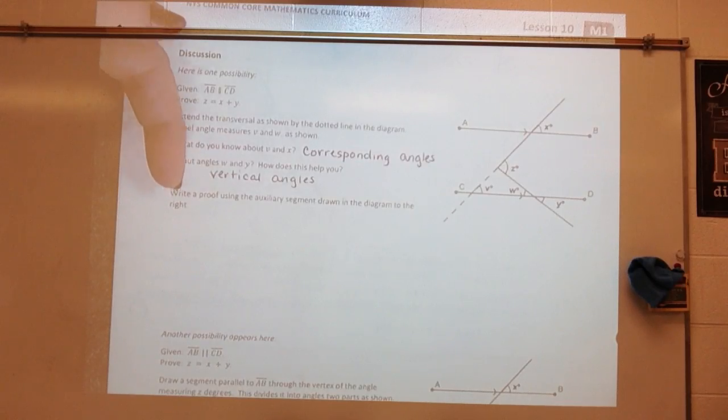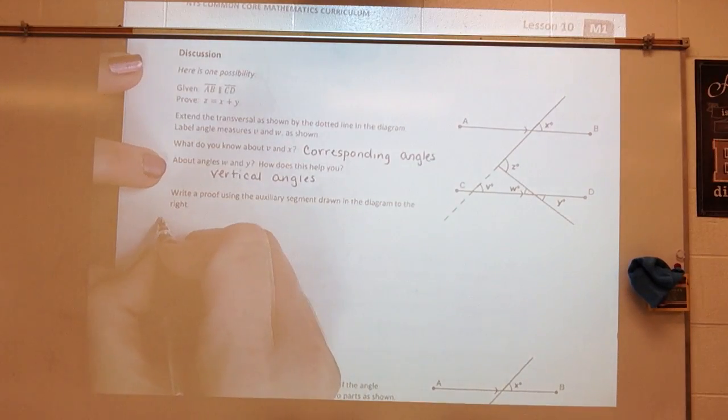All right, so let's look at that new triangle that we created. And let's think about what we know. Well, if you remember, we've talked about exterior angles, and we've talked about how to find them, and we've talked about remote interior angles. So using that information, what do I know?